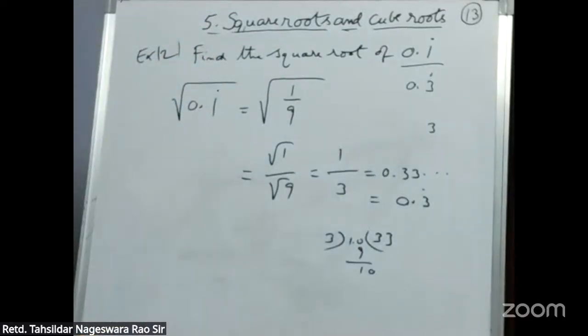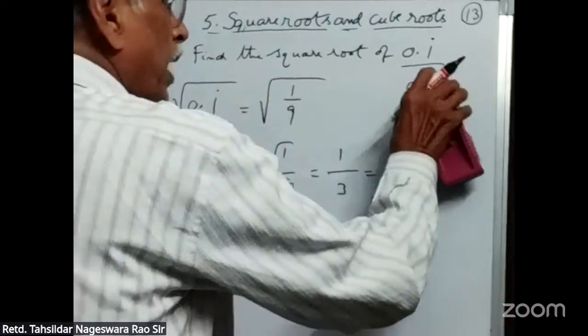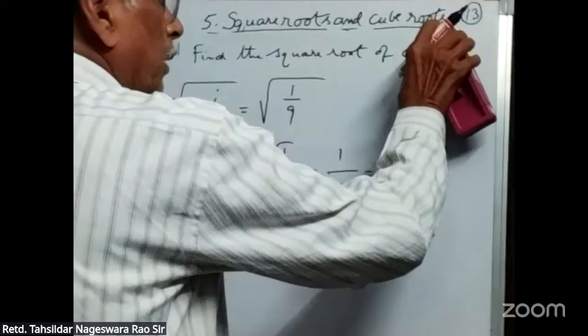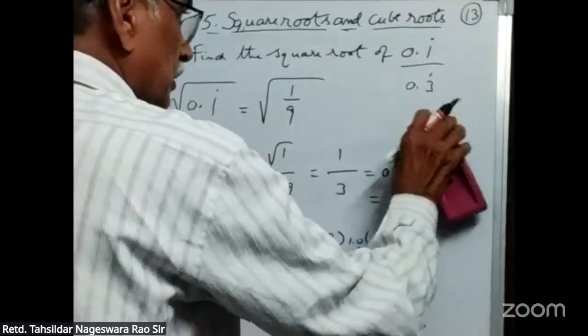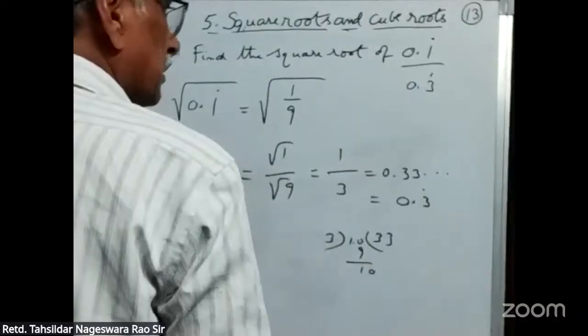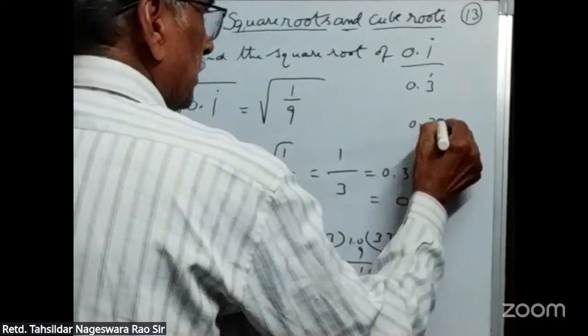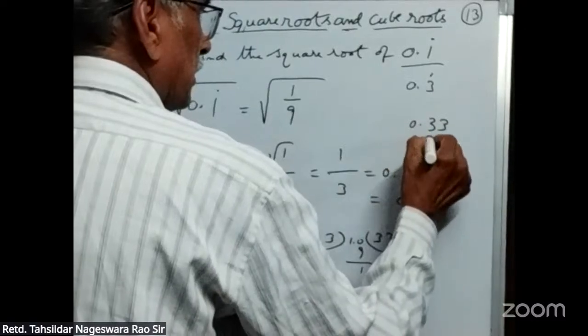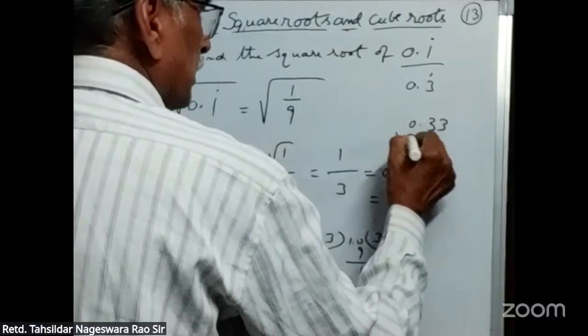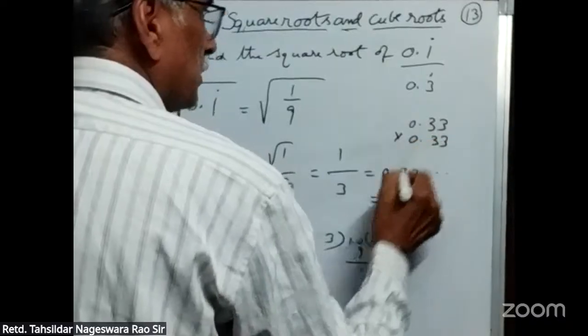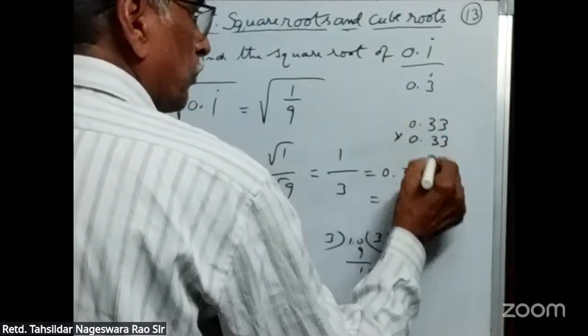But 0.3 recurring squared will be 0.1 recurring. See, 0.33 multiplied by 0.33 will be more than 0.09.